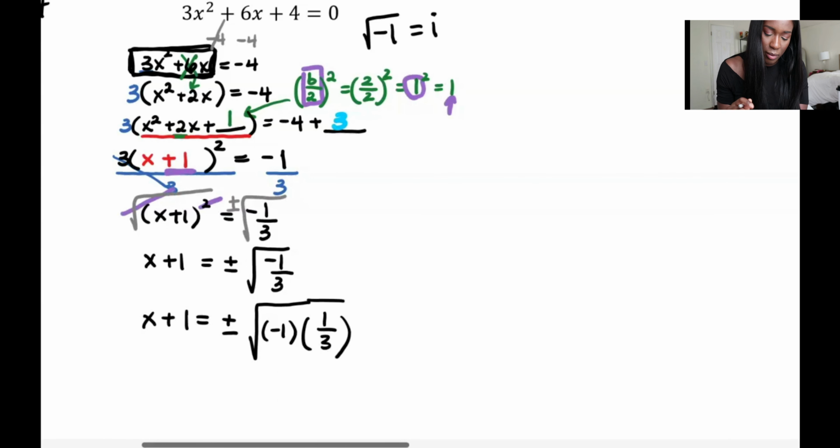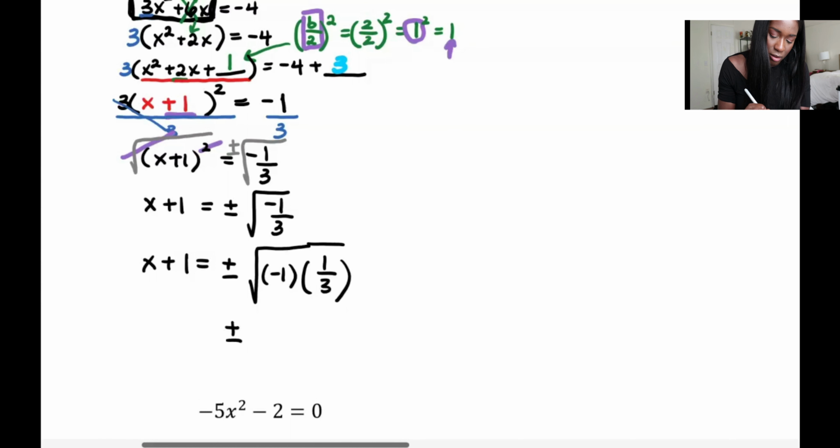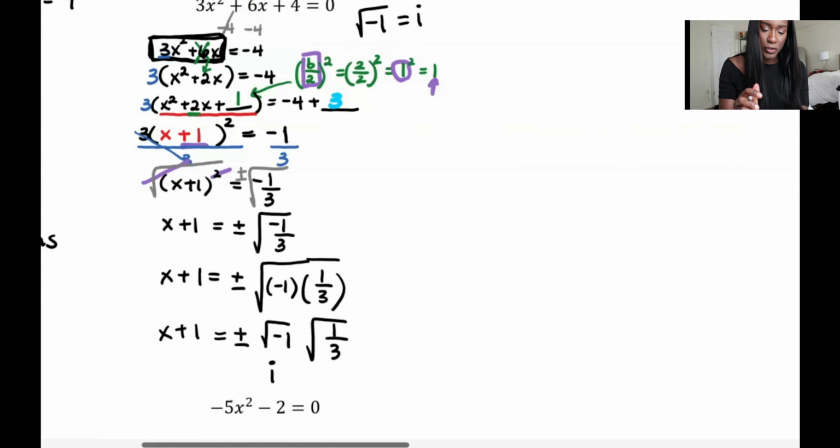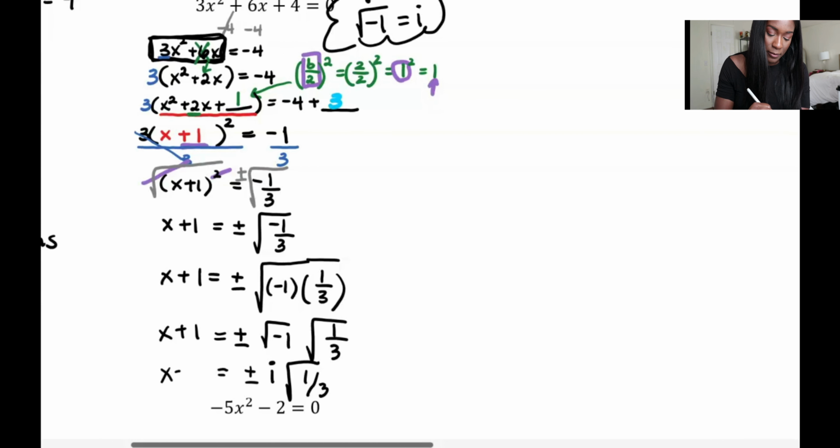And then I'll break it up into the square root of -1 and the square root of 1/3. That's where my i comes from. Remember, the square root of -1 is i. So that gives me that i. The 1/3 stays under the square root and the plus or minus stays out in front.